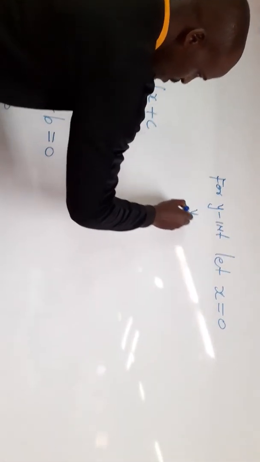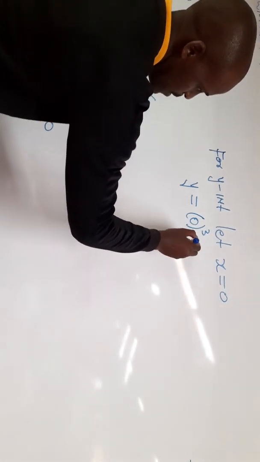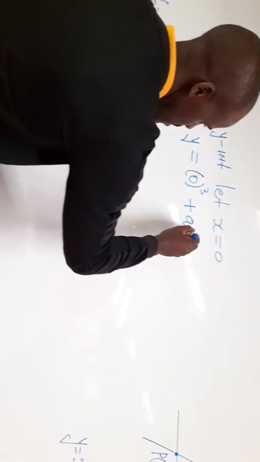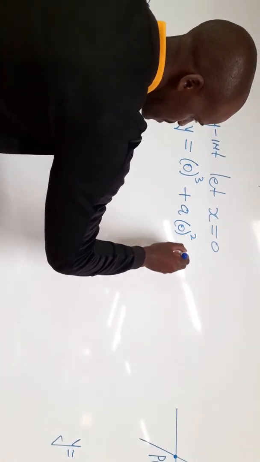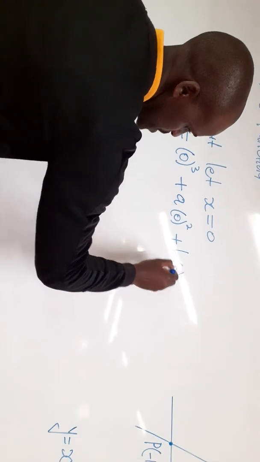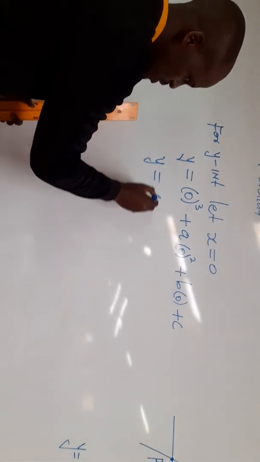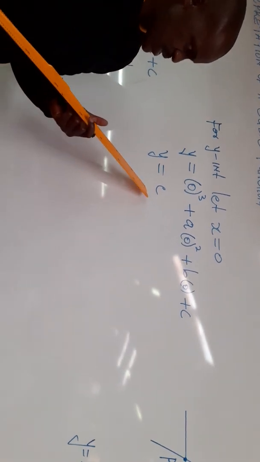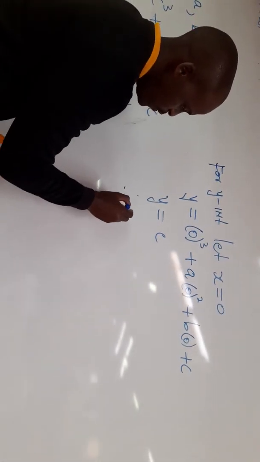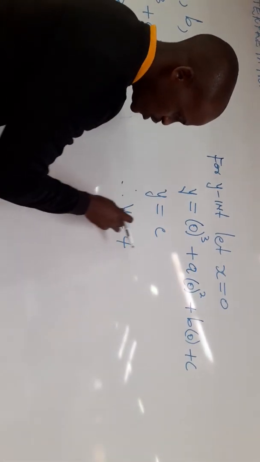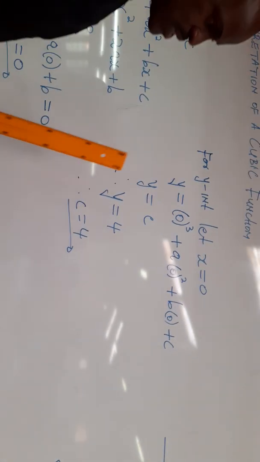Therefore, y equals 0 plus a times 0 plus 0 plus c. So y is equal to c, which means our c is the y-intercept. We are being given the y-intercept, which is 4. Therefore, c is equal to 4.